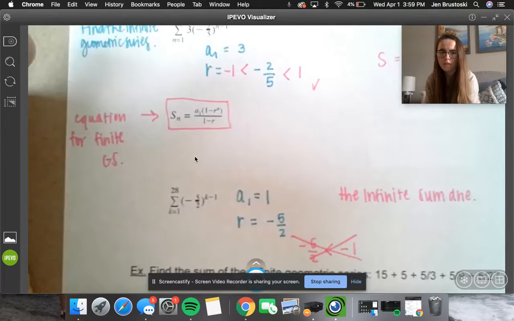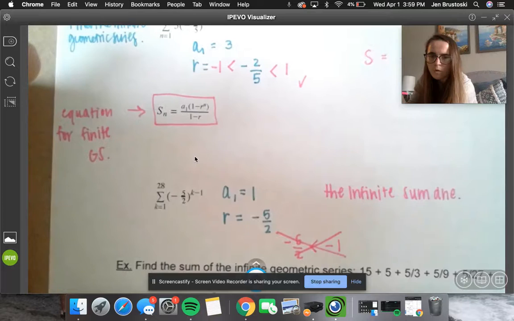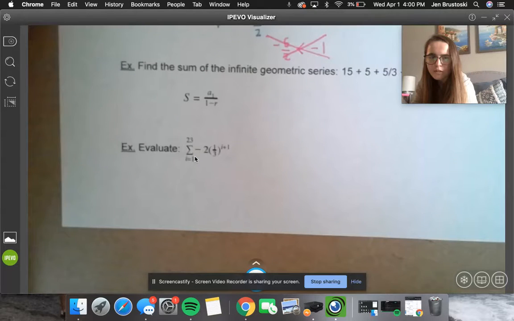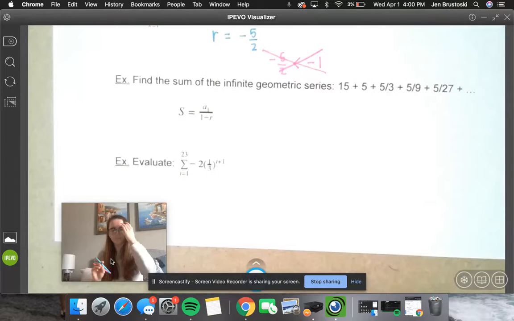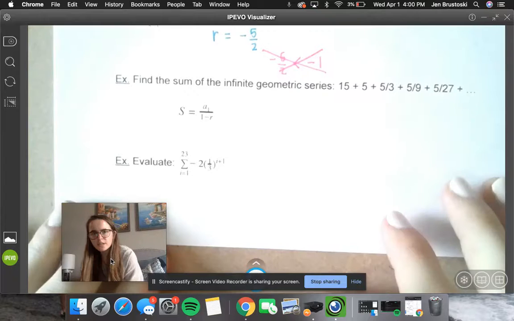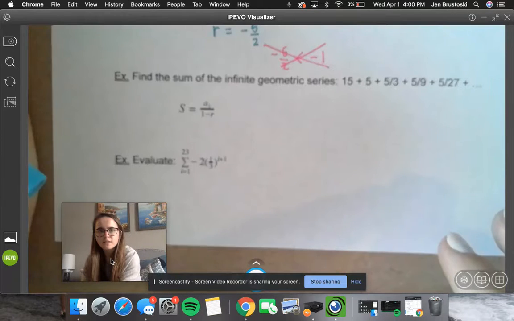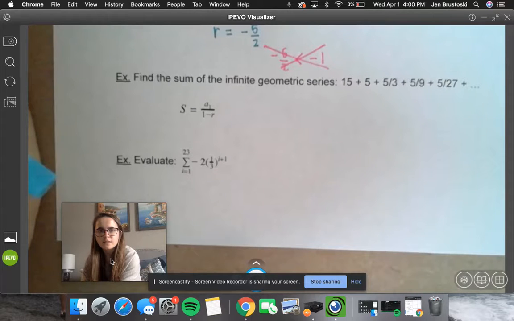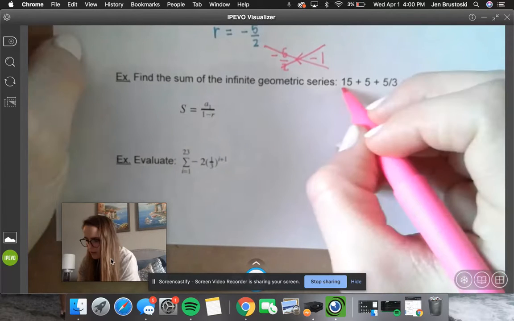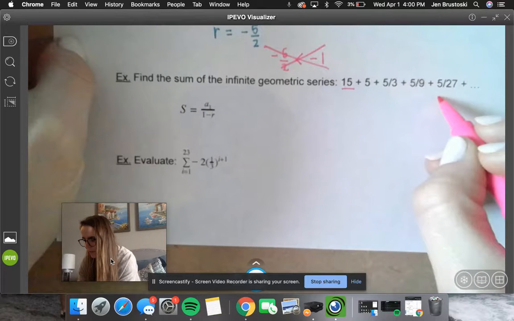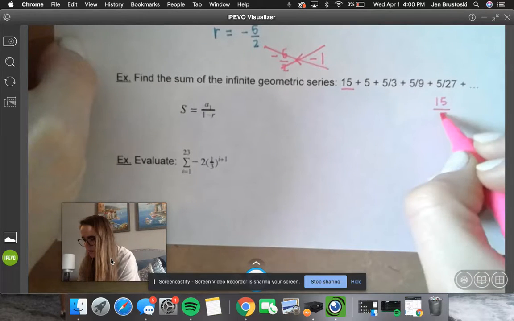Okay, so we're going to do a couple more examples. I would pause here, try these on your own, but we'll keep moving along here. So our equation is again written right there for us. So what we're going to have is our A1 value, and then our R value is whatever 5 divided by 15 is.